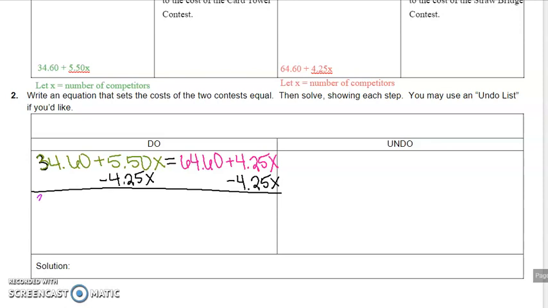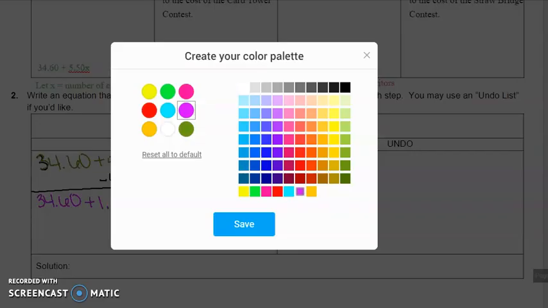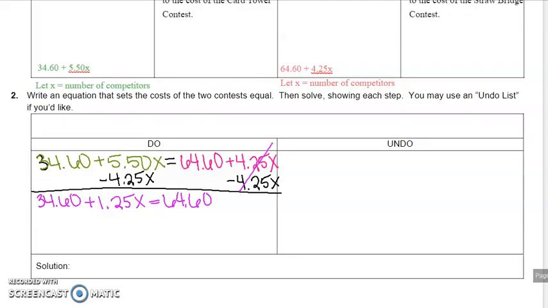And when we do that, we get $34.60 plus $1.25x equals $64.60 because that canceled. Now we're going to subtract. Let's get our constants together.